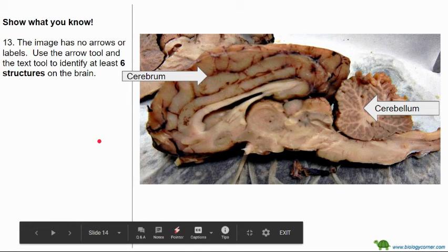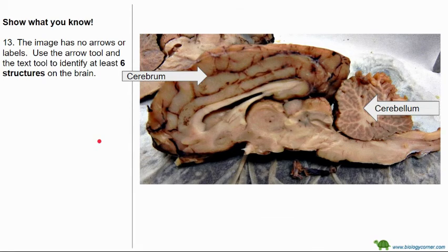All right, and then what you're going to do in the next couple of slides is show what you know. So you're going to use the arrow tool, and I did 2 already, right, to identify at least 6 structures. So you would go to Insert, and then choose Shape, choose one of the arrow shapes, and then if you double click on it, you can type a word in there and use that to label any 6 structures.